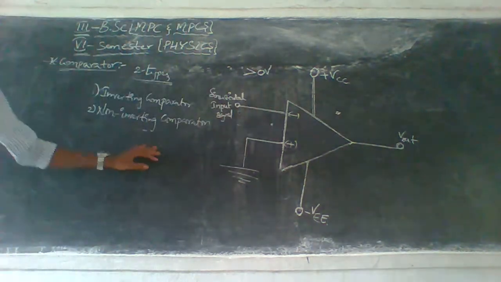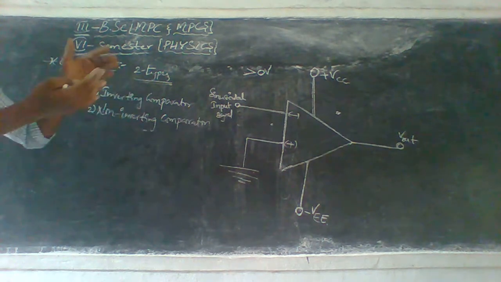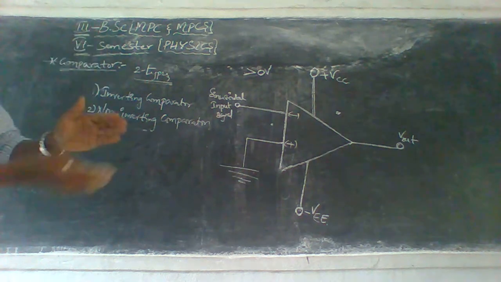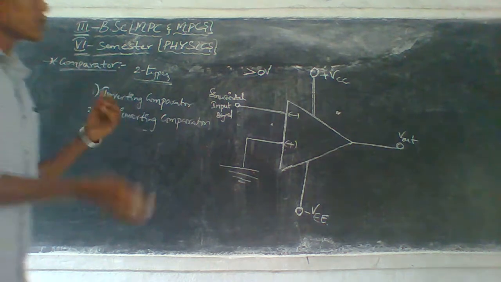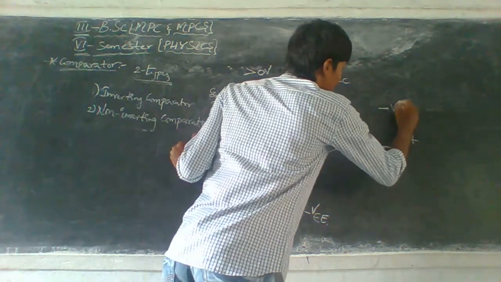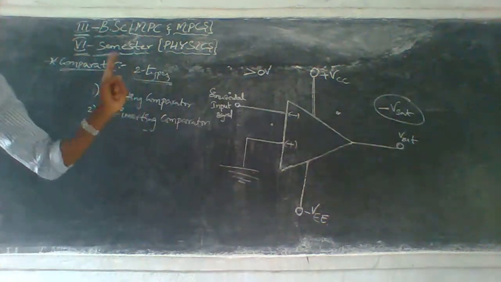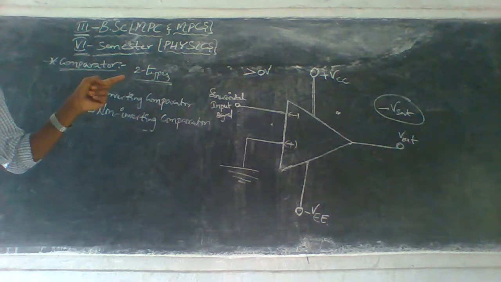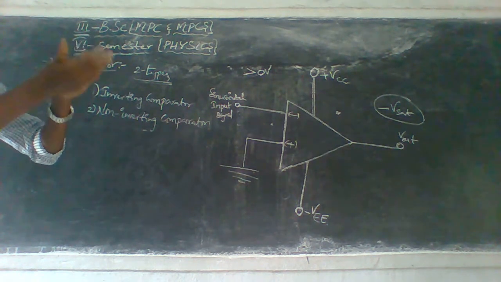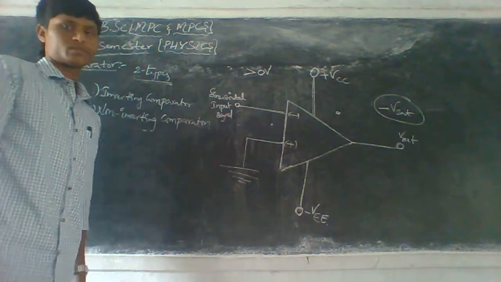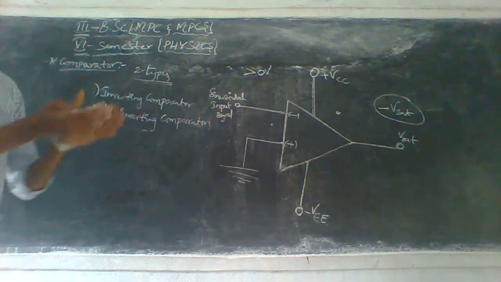Hence the output value of the inverting comparator will be equal to minus V sat during the positive half cycle of the sinusoidal input signal.